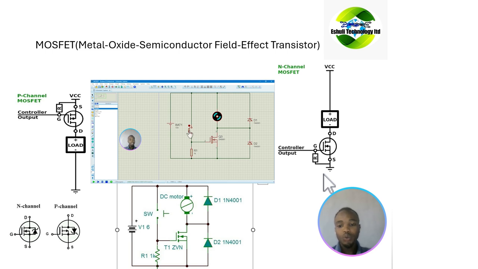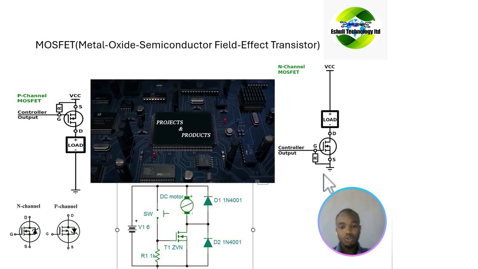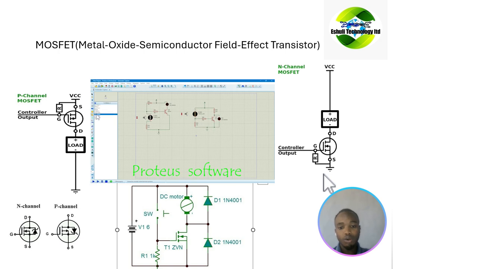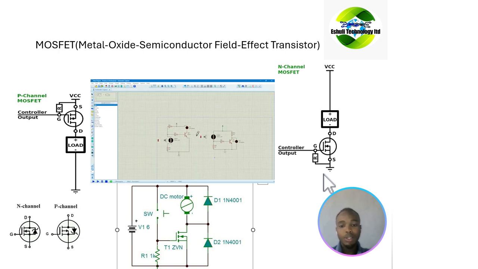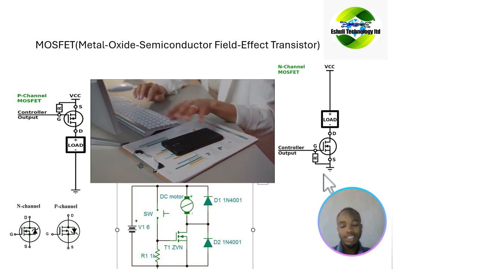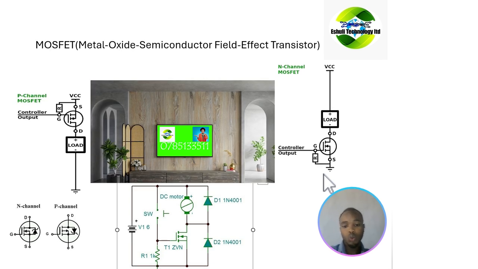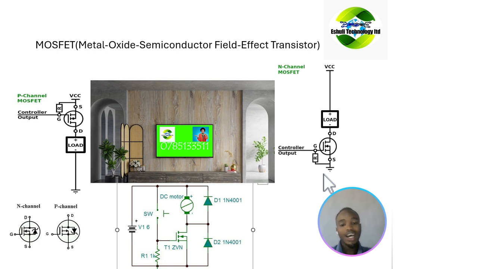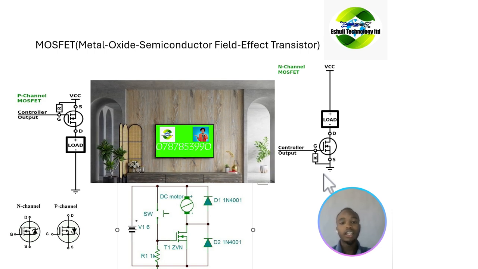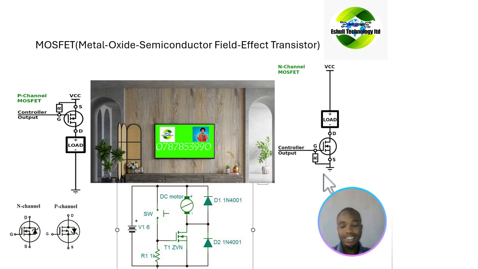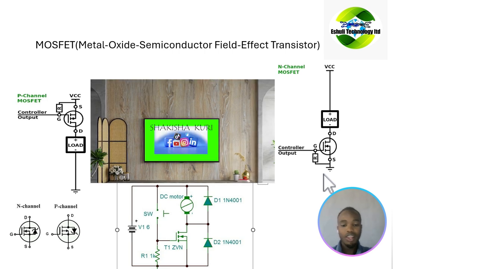Yesterday, I was learning about transistors. We started with an introduction to transistors in general, and continued with the BJT, bipolar junction transistor: how it works, how to use it in a circuit and in different projects, how it switches, and why transistors are used in switching and amplifying signals. After that, we continued with the MOSFET.